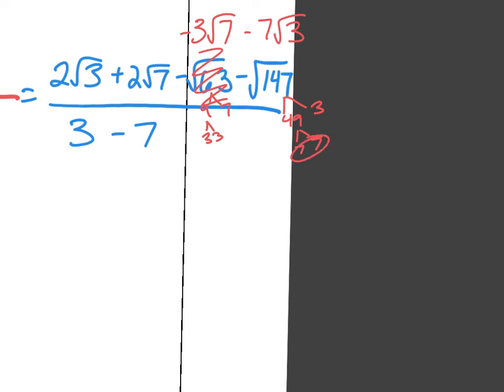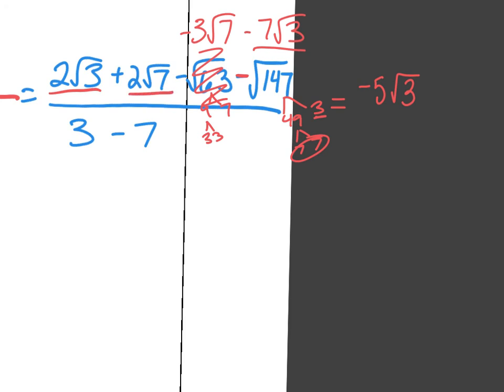Because we had a group of 7, a 3 left over, and a negative sign right here. So on top, 2 square roots of 3 minus 7 square roots of 3. Yep, minus 5 square roots of 3.